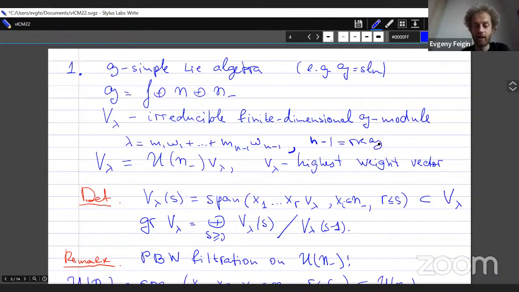The omegas are fundamental weights, and the m_i are non-negative integers. Any lambda can be decomposed in this way.